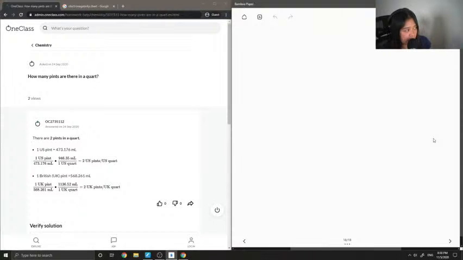Okay, so now let's move on to question number 5. How many pints are there in a quart? Basically, there are 2 pints in 1 quart. So I can write out an example question.